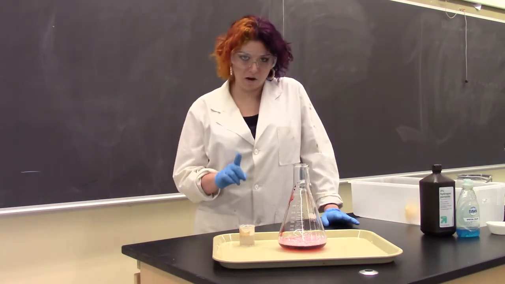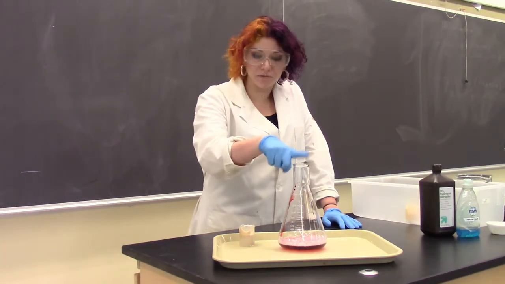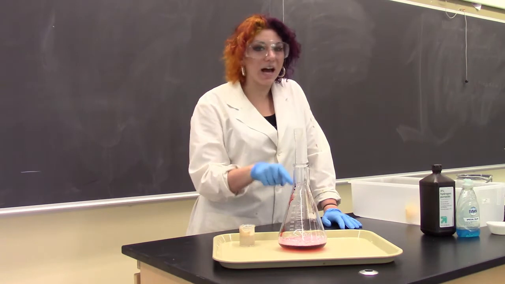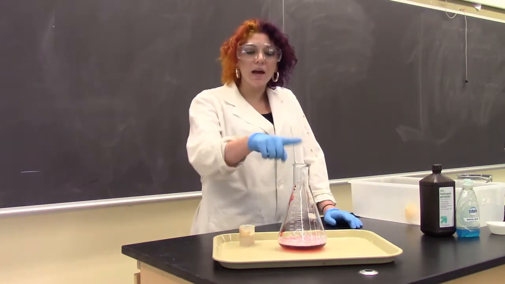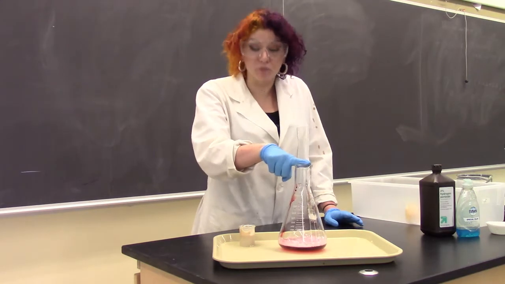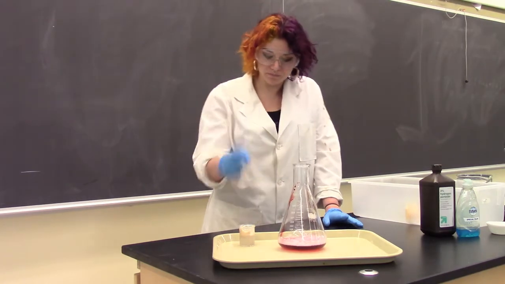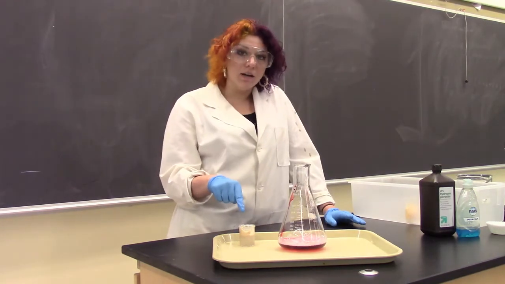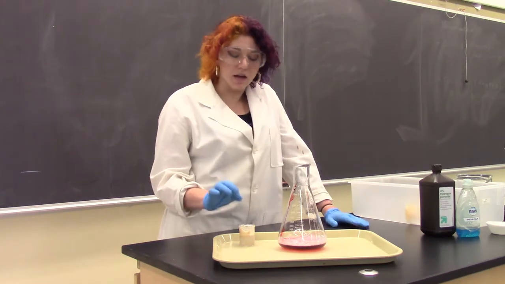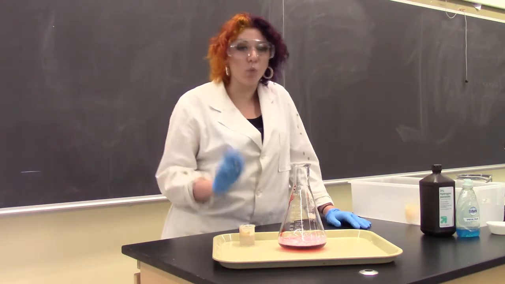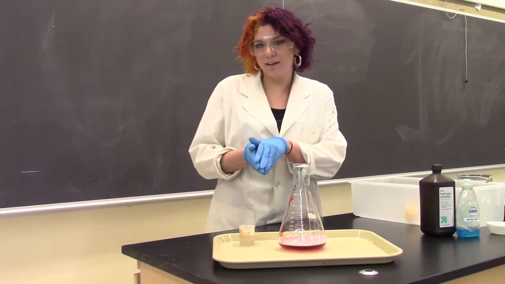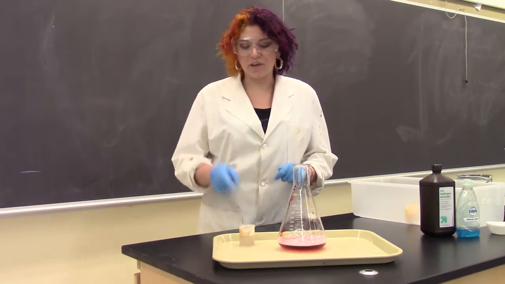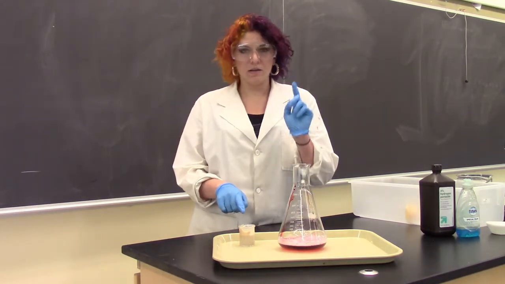Here's what I've prepared. In this flask, I've put the hydrogen peroxide and a big squirt of dish soap. I also put a little bit of red food coloring in here. In this beaker, I have a mixture of yeast and warm water. What do you think is going to happen if I add this yeast to this flask?